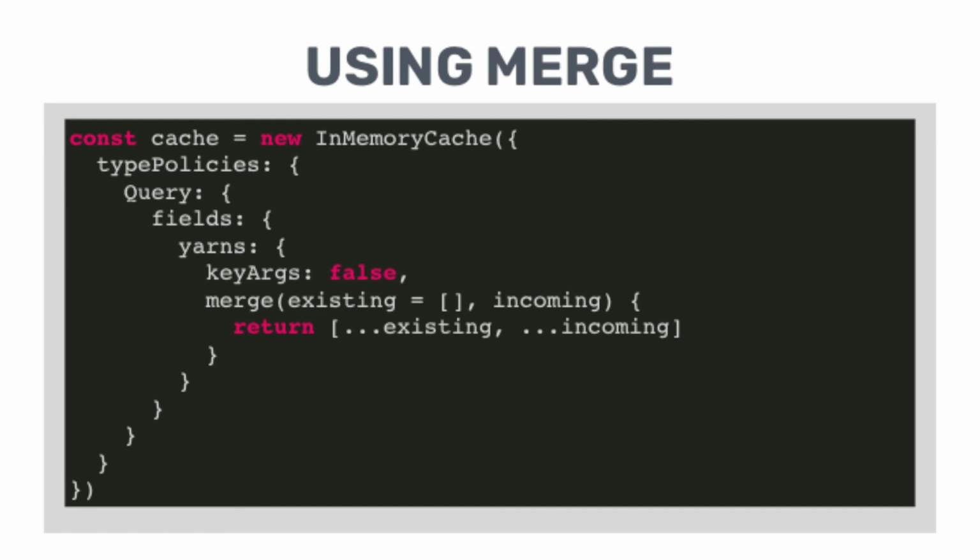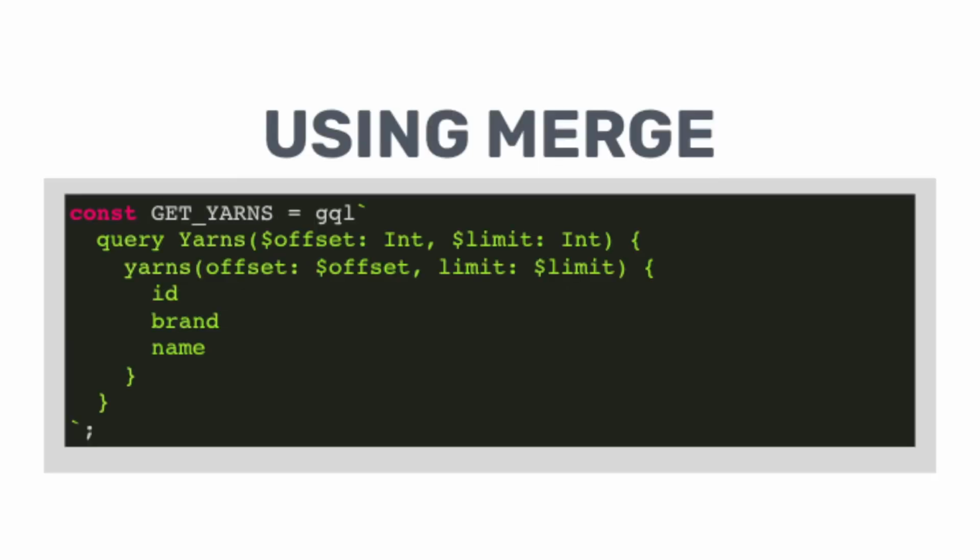If we wouldn't do that, incoming data would override the existing data here. And now that we have this field policy in place, Apollo Client knows how to merge the results from these similar queries, and the app would work as expected.